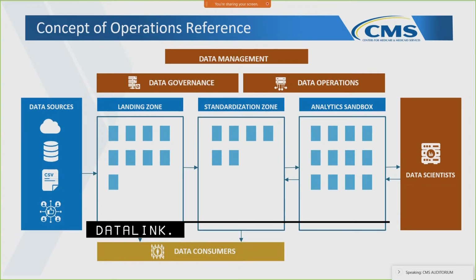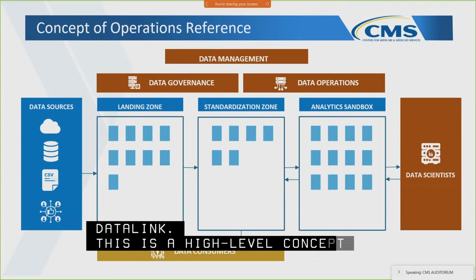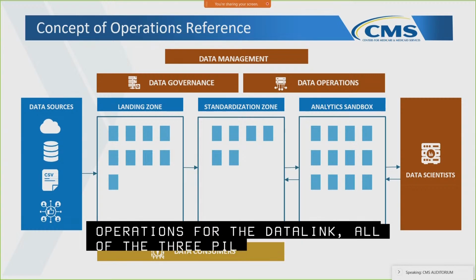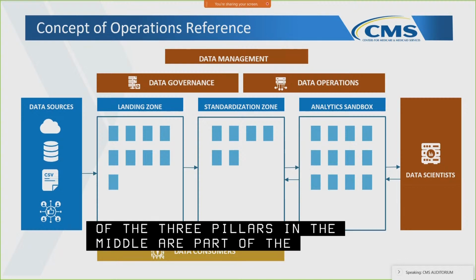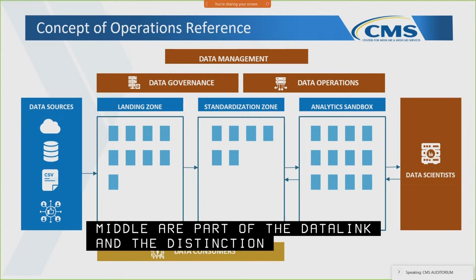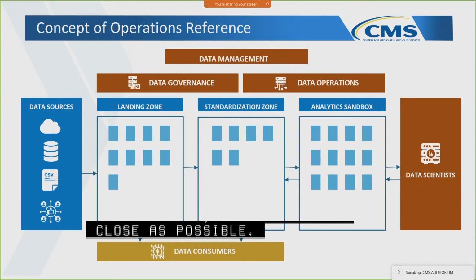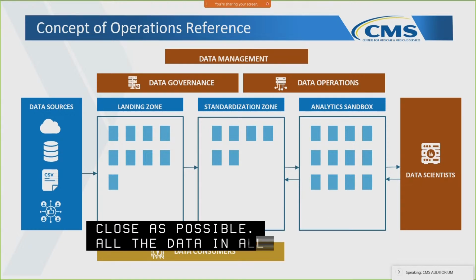This is just a high-level concept of operations for the data lake. All of the three pillars in the middle are part of the data lake. All of the data in all of these three pillars is structured and cataloged and maintained in the metadata catalog.